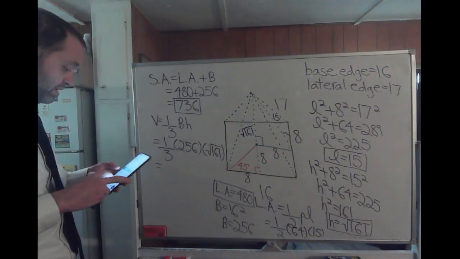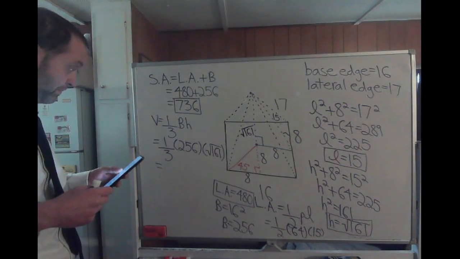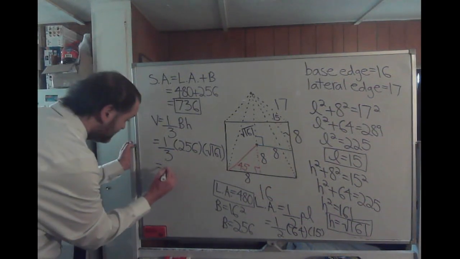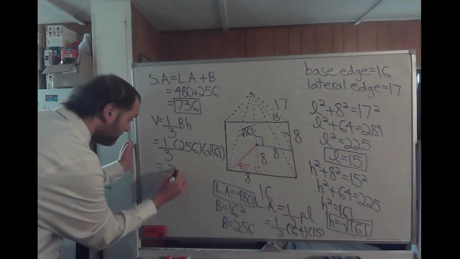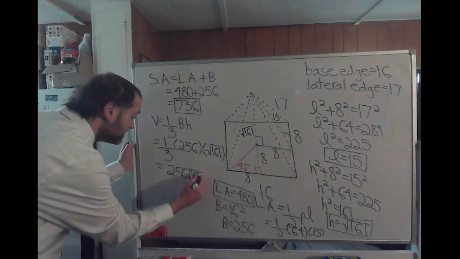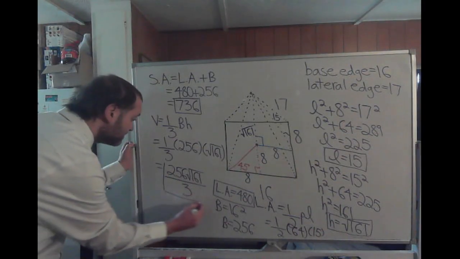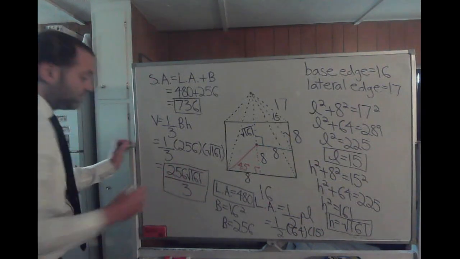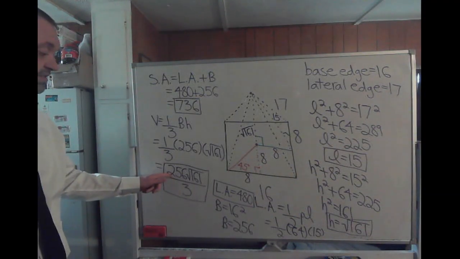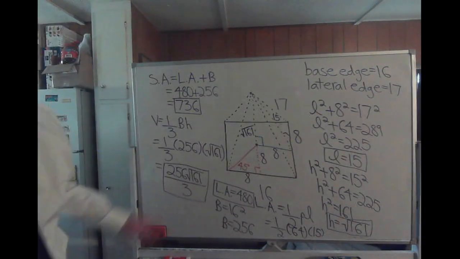I could be wrong, but no, it doesn't. Okay, well, so your volume in this case is going to be 256 times the square root of 161, all divided by 3 cubic units. So yes, that was a rather hideous volume problem, but the volume is 256 times the square root of 161, all divided by 3 cubic units.